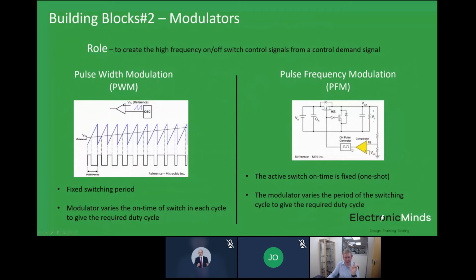So the modulator generates a fixed on-time pulse, and then it varies and modulates the off-time of the system to control the duty cycle. As you wind the load up, the frequency moves higher and higher. As you move the load down, the frequency starts to drop off. But the fixed pulse width is what you'll tend to see on the scope, and that's similar to what you saw a minute ago.